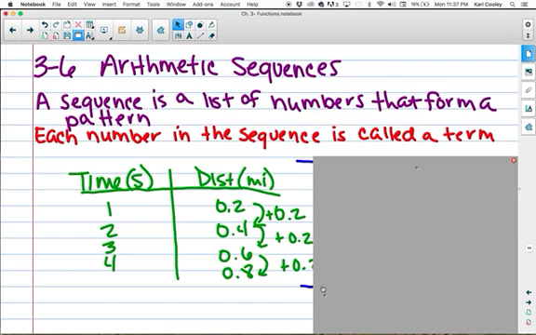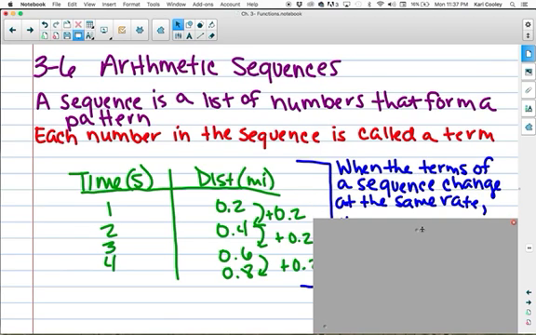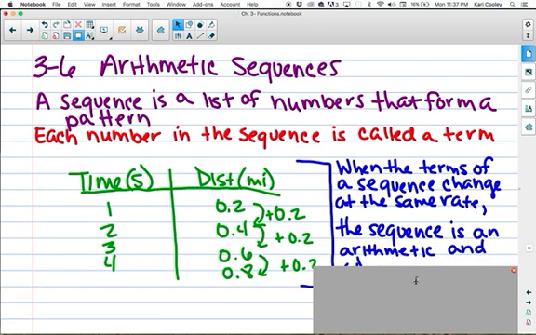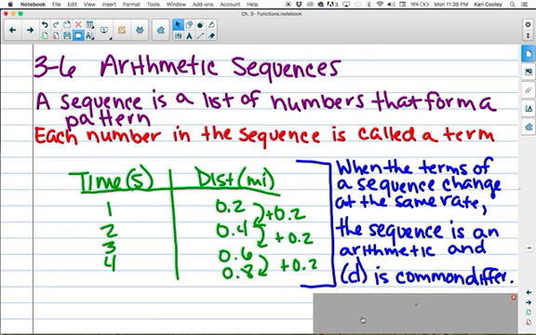Okay, because of that pattern and all of the numbers being the same, that's what causes us to have that arithmetic sequence. So when the terms of the sequence change at the same exact rate, the sequence is called an arithmetic sequence. And this commonality, this 0.2, is going to be referred to as our common difference.